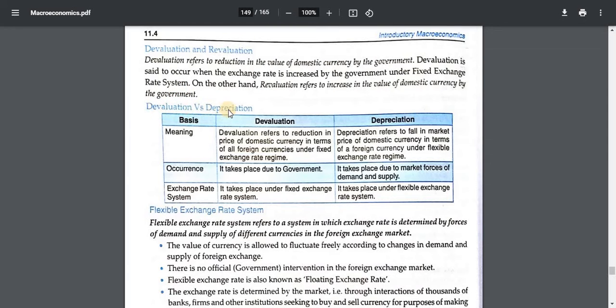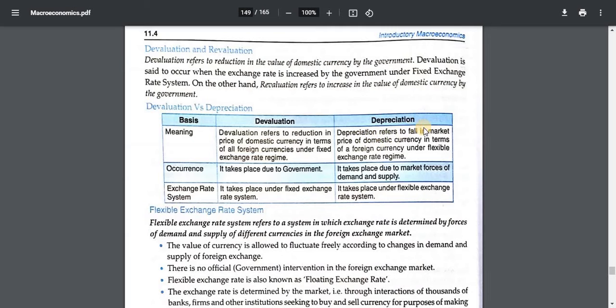Devaluation versus depreciation. Basis: devaluation, depreciation. Meaning: devaluation refers to a reduction in the price of domestic currency in terms of all foreign currencies under a fixed exchange rate regime.